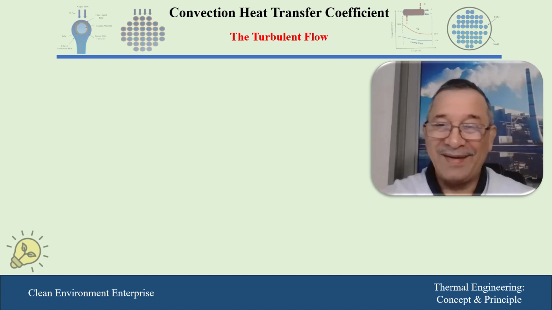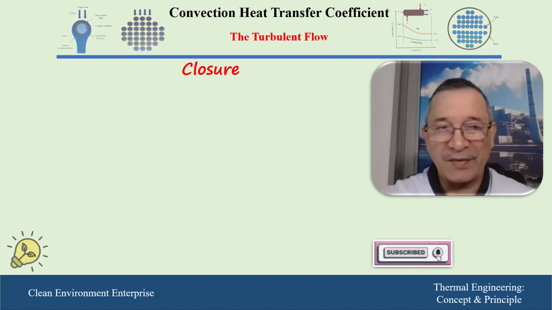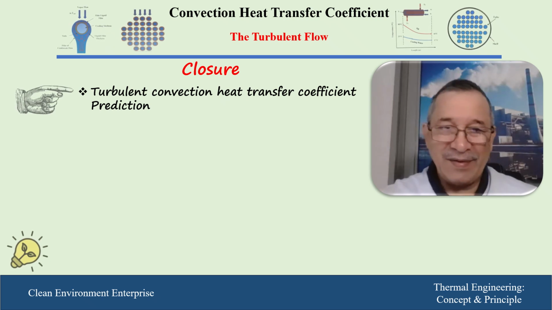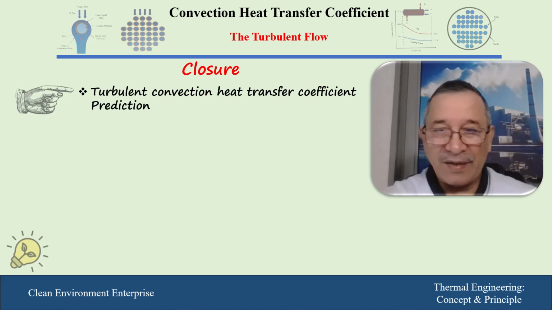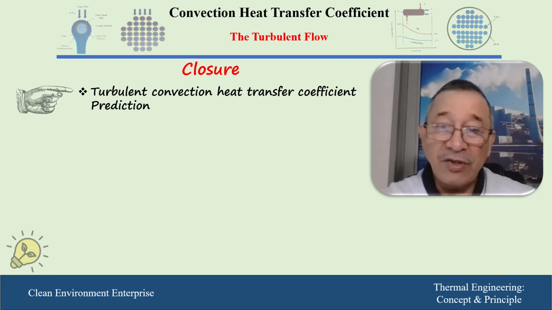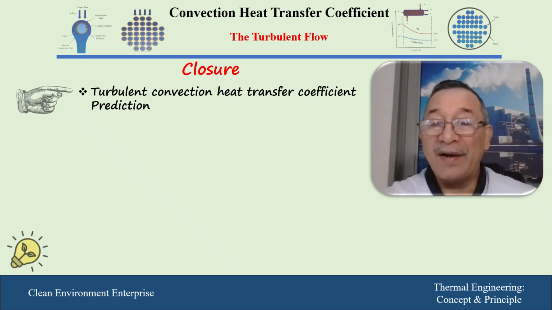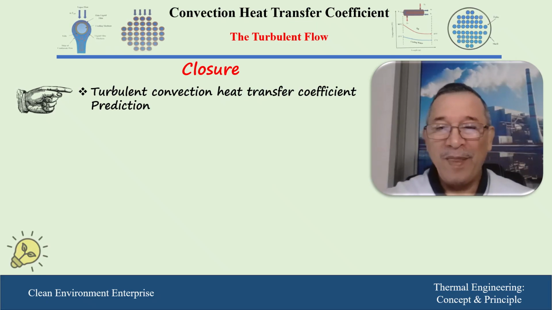Now, my friends, we have arrived to the final part of our episode, that is the closure. We have passed through turbulent convection heat transfer coefficient, and we have specified its range to be Reynolds number higher than 2300, then it will be a turbulent flow.